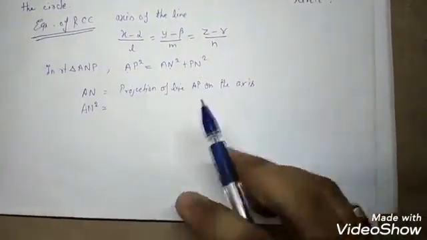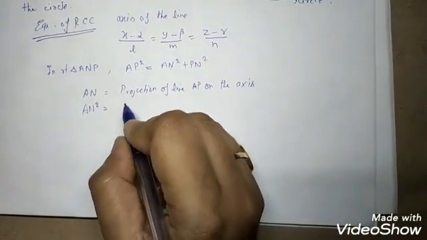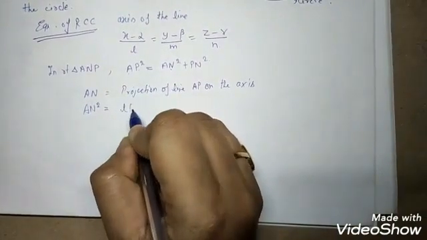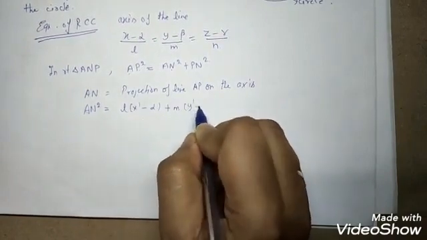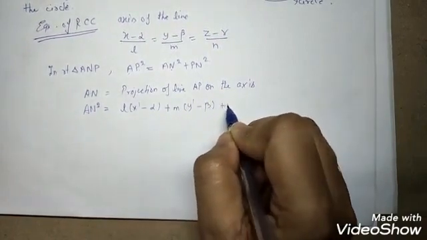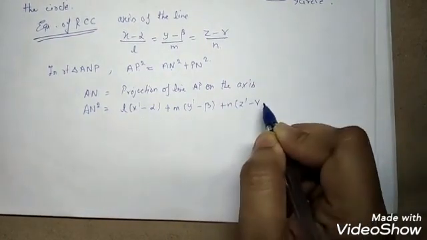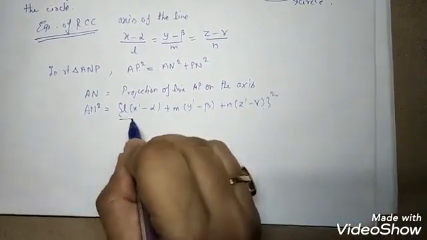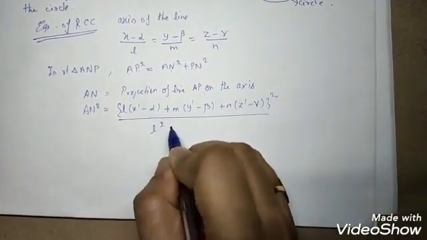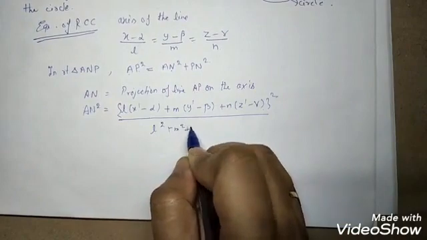So AN square will be l(x dash minus alpha) plus m(y dash minus beta) plus n(z dash minus gamma), whole square, upon l square plus m square plus n square.